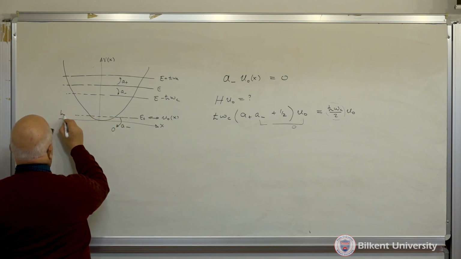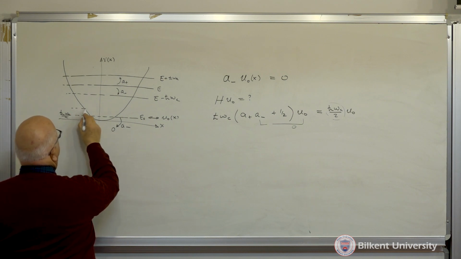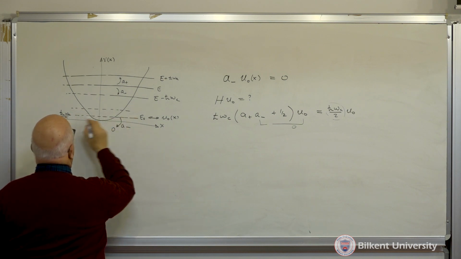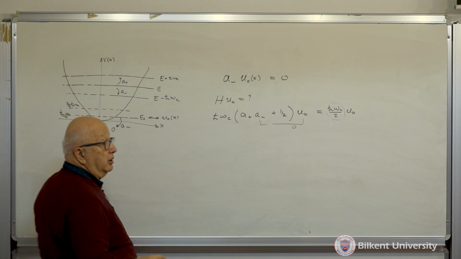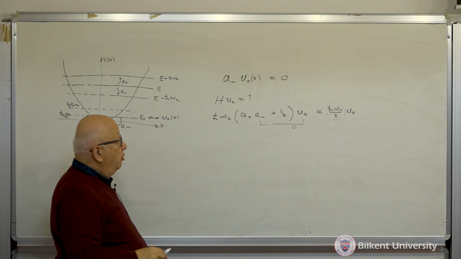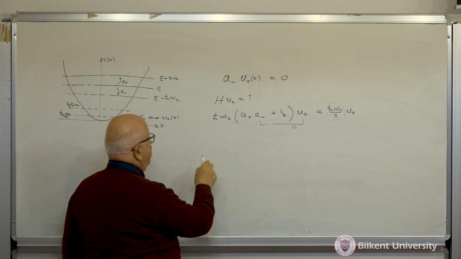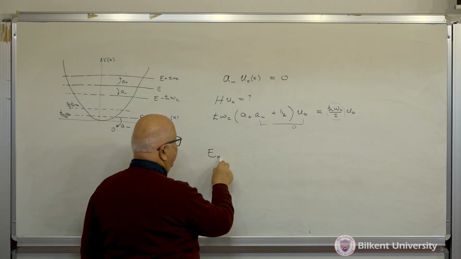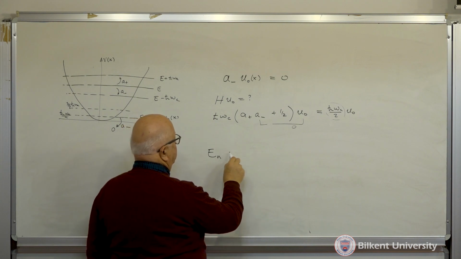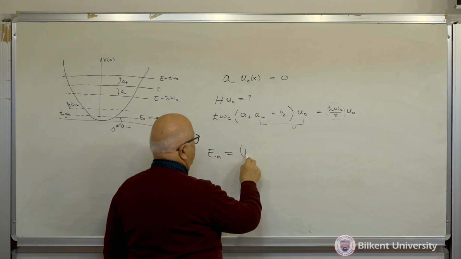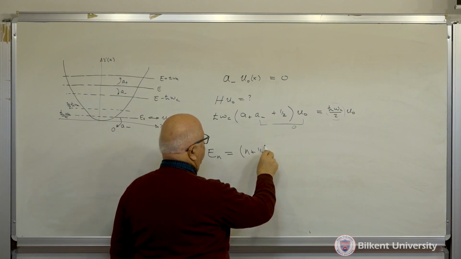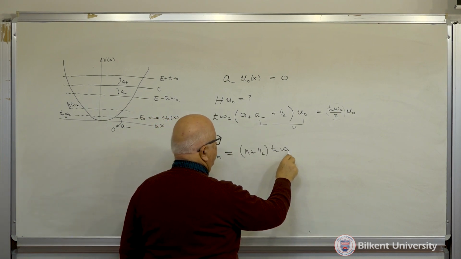So this is now going to be h bar omega c over 2. The next one is going to be 3 over 2 h bar omega c, and so on. Okay, so I have these energy levels, En, which is going to be equal to n plus a half h bar omega c.